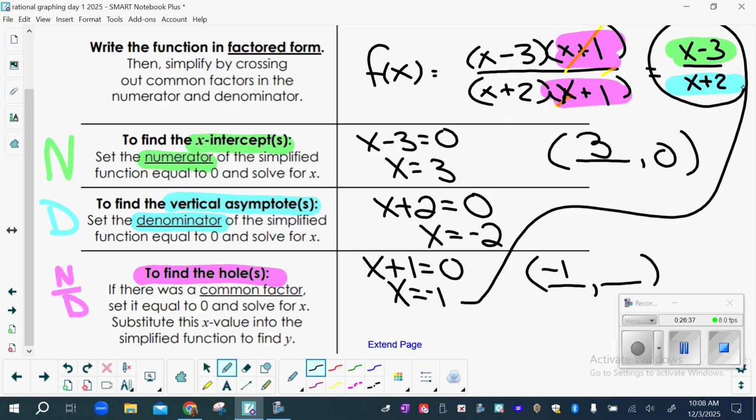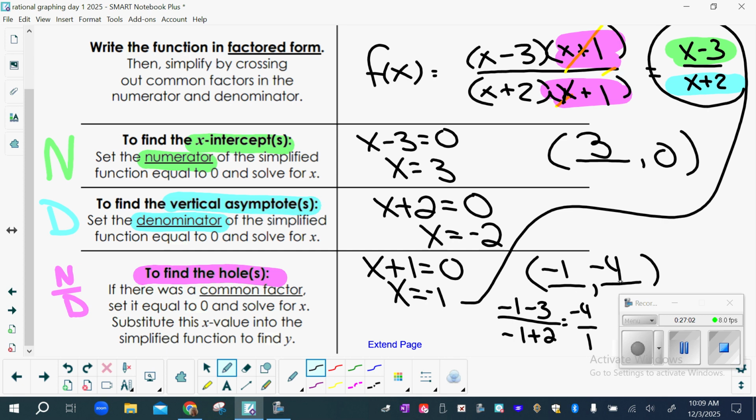So here's what I'm going to get: -1 minus 3 over -1 plus 2, which is -4 over 1, or -4. Are there a lot of steps? Yeah, that's why we're taking a couple days to get this all rolling, right?